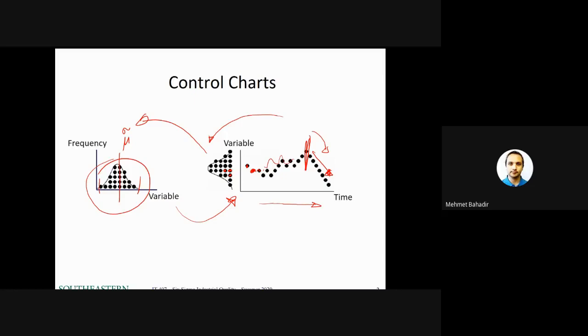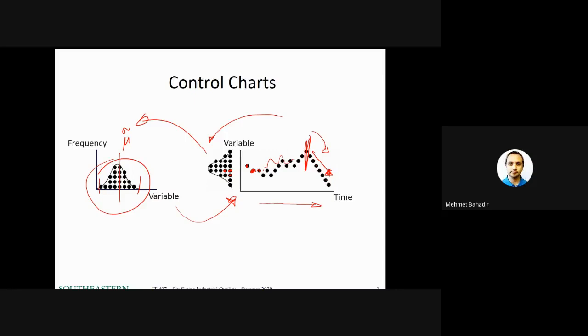It's new information. You didn't have that information before by just looking at the distribution of the data, but when you place that same data on a timeline, now it's very clear that there is a pattern in that data, and the data values are decreasing. 1, 2, 3, 4, 5, 6, 7, 8 data points consecutively decreasing.